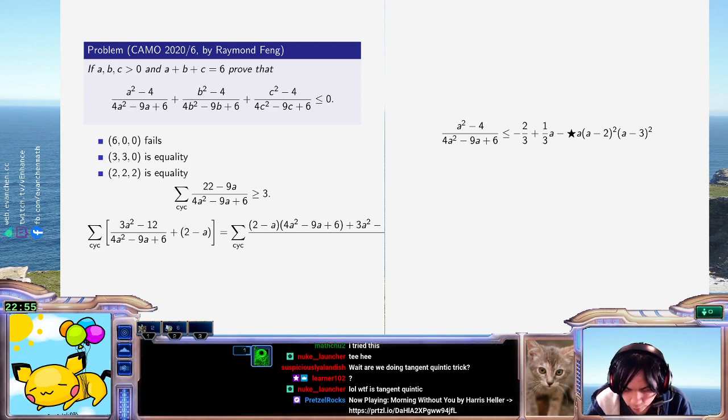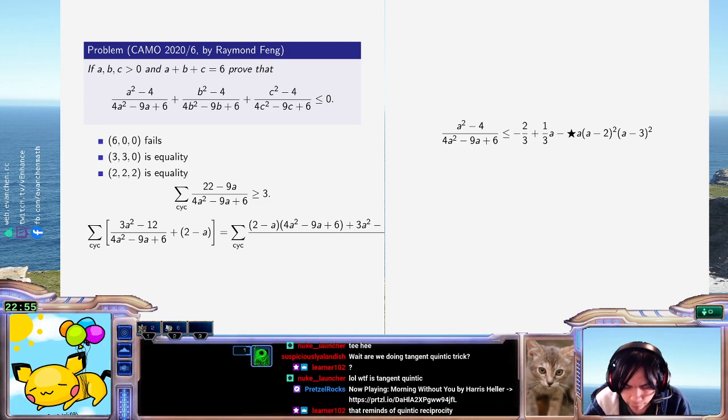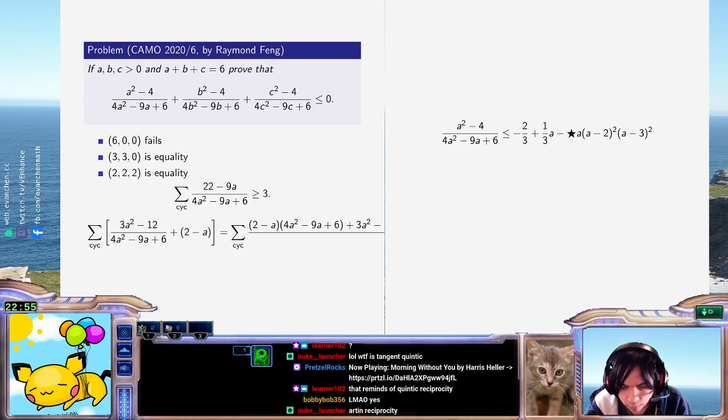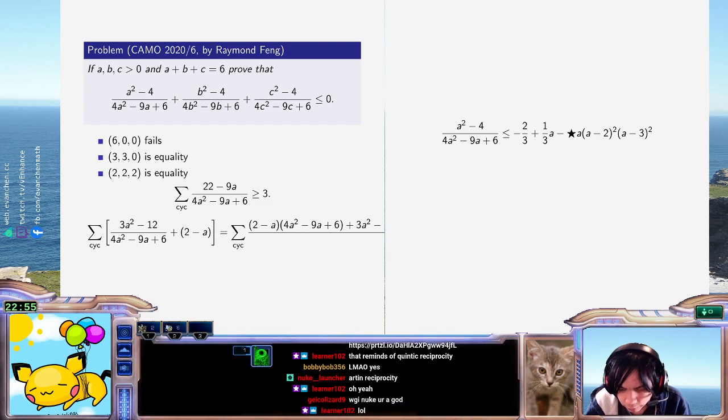Okay, so when I expand, minus 4a cubed plus 8a plus 17a squared minus 24a plus 12 plus 3a squared minus 12.